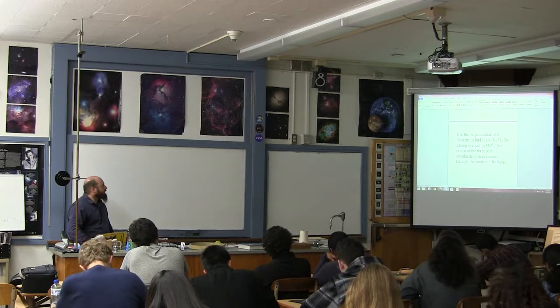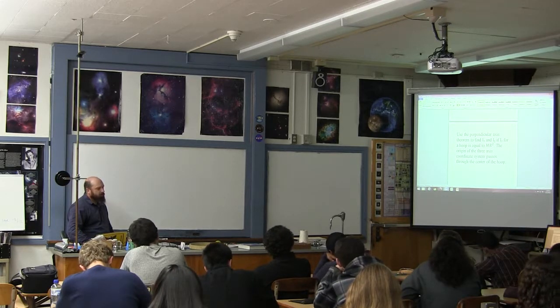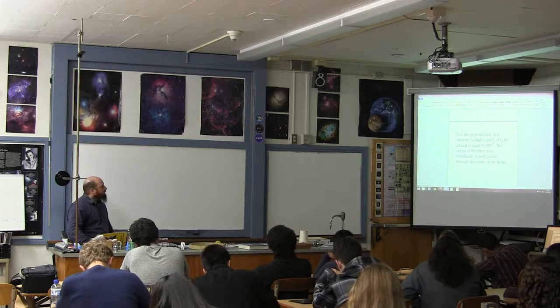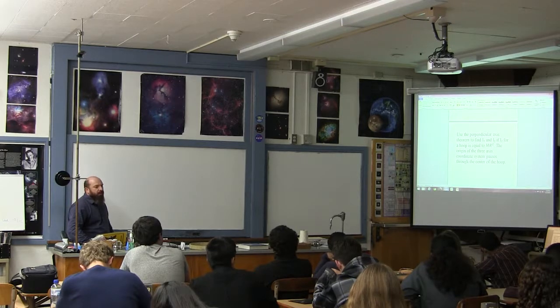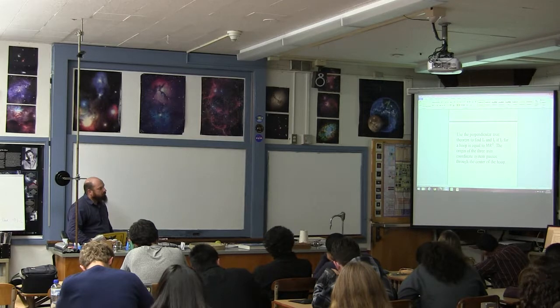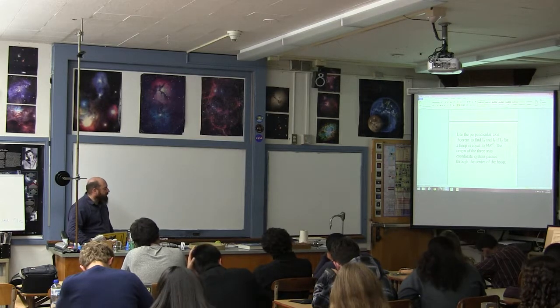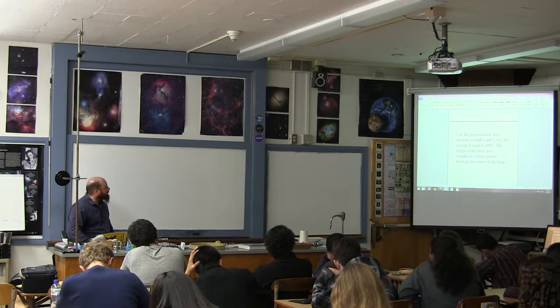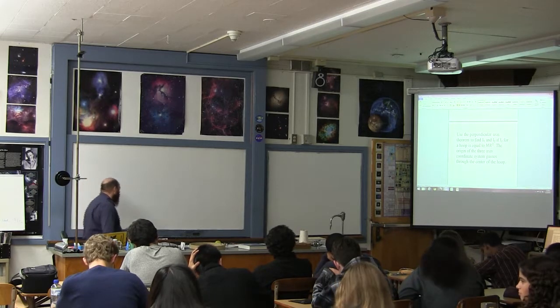The origin of the three-axis coordinate system passes through the center of the hoop. Those are I's, right? Not L's. Yeah, those are capital I's. If they were L's, they would be something else called direction cosines, but that's a whole other story. We won't go there.